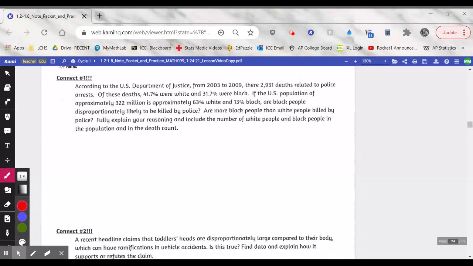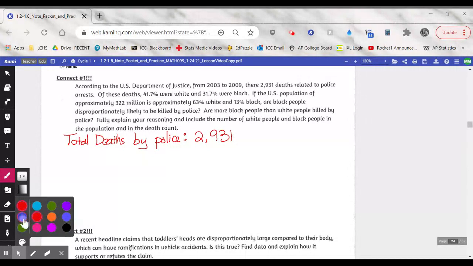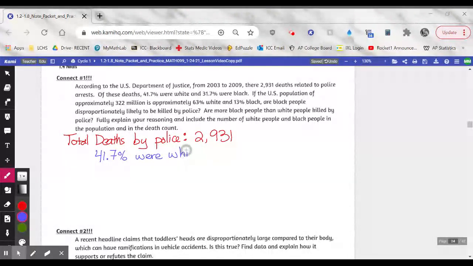So we've got a total of, the total deaths by police was 2,931. We know that 41.7% of those were white and 31.7% were black.